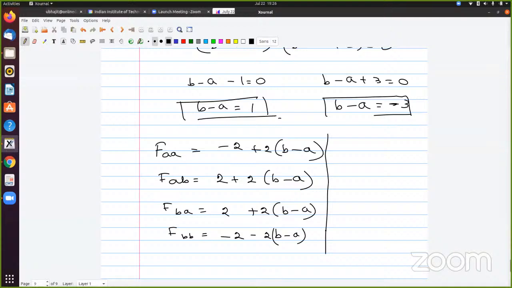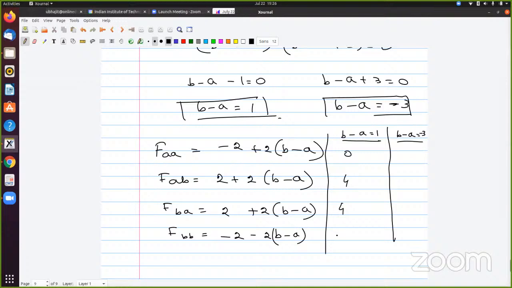So there are two options: when b minus a is 1 and when b minus a is minus 3. These are the two options. So when b minus a is 1, what are these values? This is 0, right? Then this is 4, this is 4, and this is again 0.